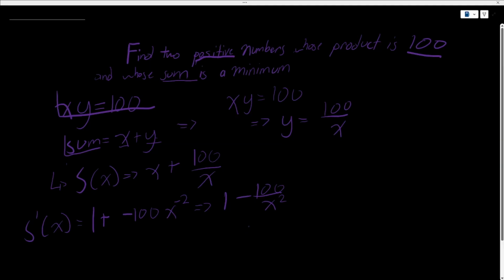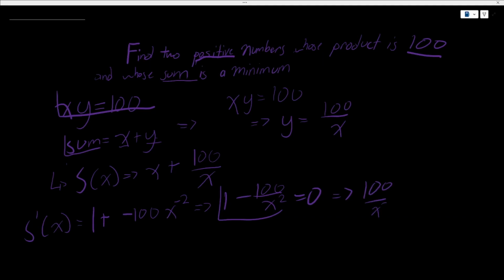So now that we have our differentiated function, we'll set this equal to 0 and start solving for x. We'll move the negative 100 over x squared to the left, so it becomes positive, equal to 1. And then we just multiply both sides by x squared.